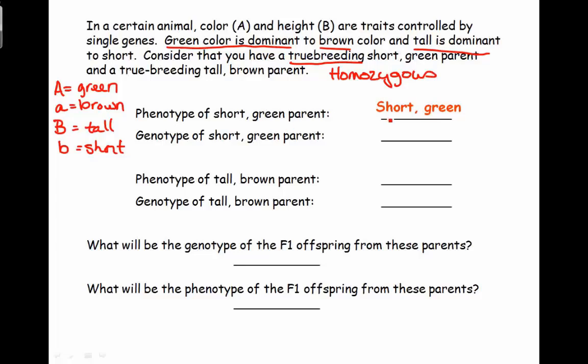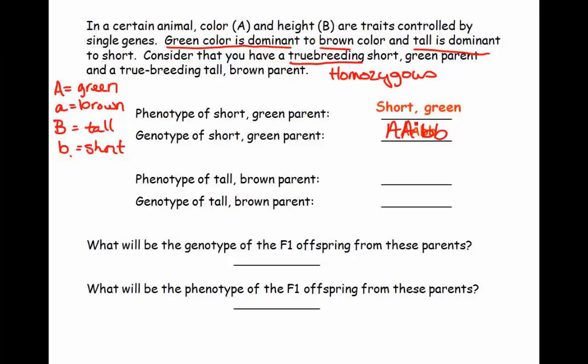So if we go back to our letters, it is going to be short, and short is our lowercase b's. So I'm going to put those on here. And then it is also going to be green, which is going to be our capital A's. Got it written underneath there as well.